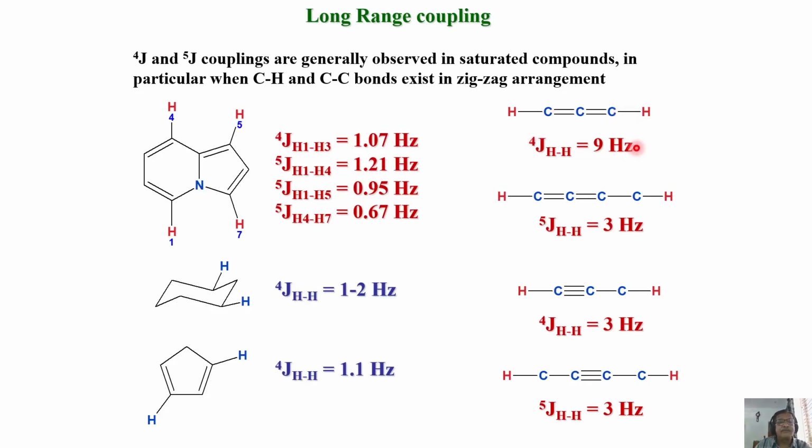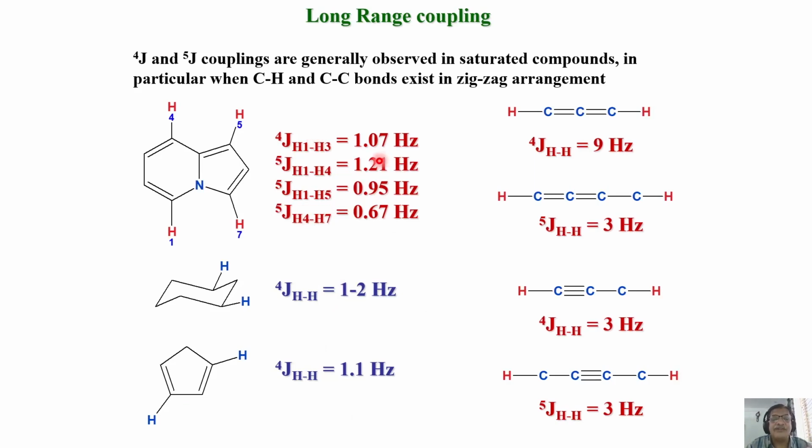The long range coupling. You see in this molecule, again a linear molecule, a 5-bond coupling of 3 hertz is seen. That's also quite large. So in a zigzag type molecule, you see 5-bond coupling and 4-bond coupling. So it is not that there are no deviations from the general rule.